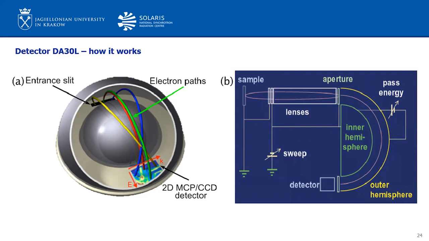Blue, red and yellow describe electrons with the same energy but different angles, and the green shape describes electrons with other energy.